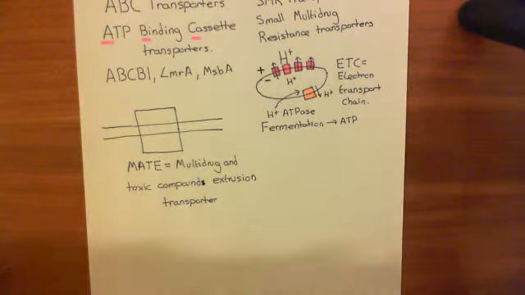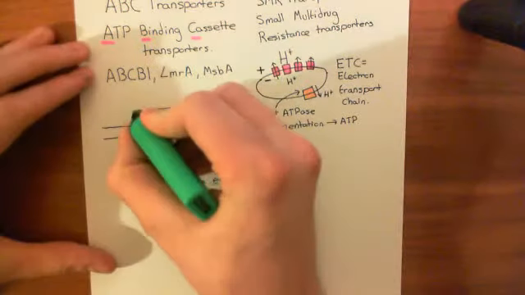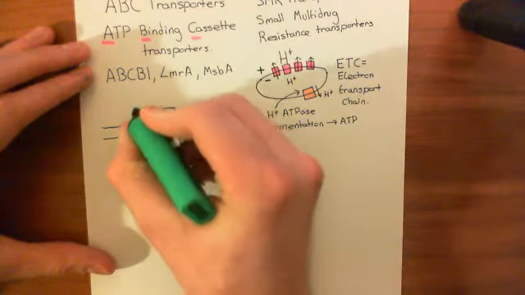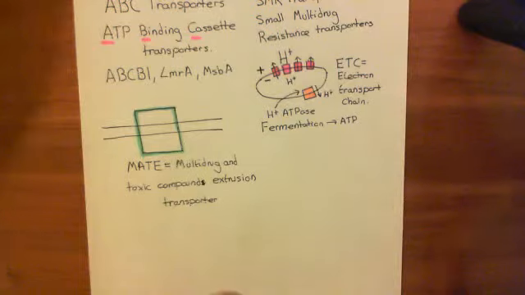That makes more sense. Right, okay, so again, these work by secondary active transport. So they're going to extrude multiple drugs, so they're going to extrude our antibiotics that we're putting into the cell, or we're trying to get into the cell anyway, and they're also going to extrude toxic compounds.